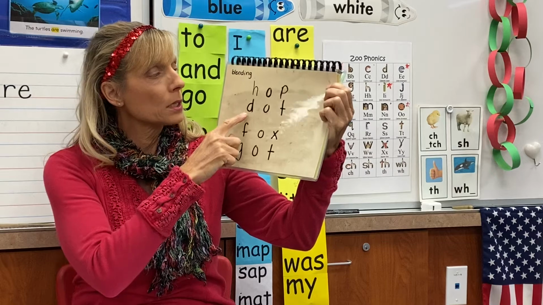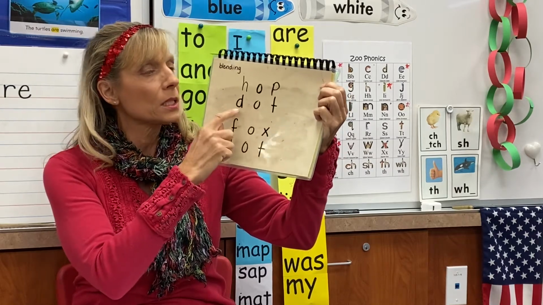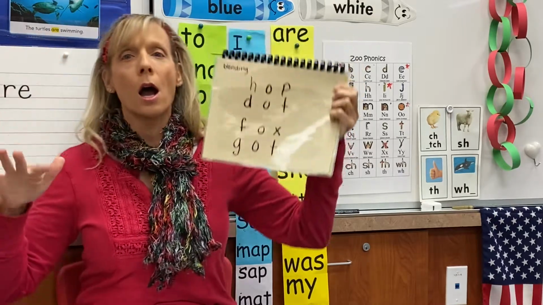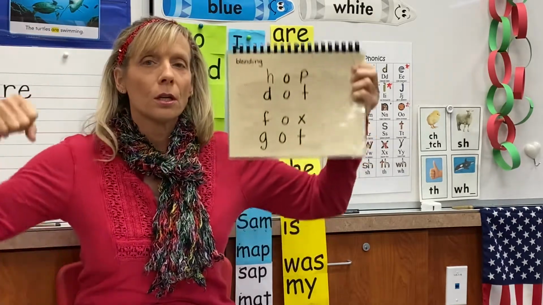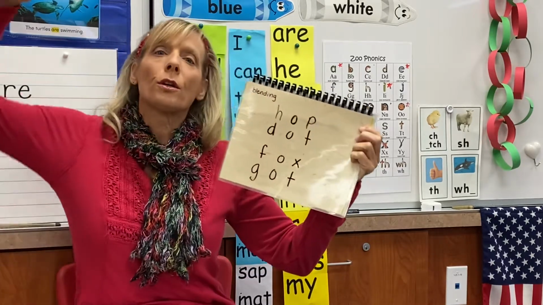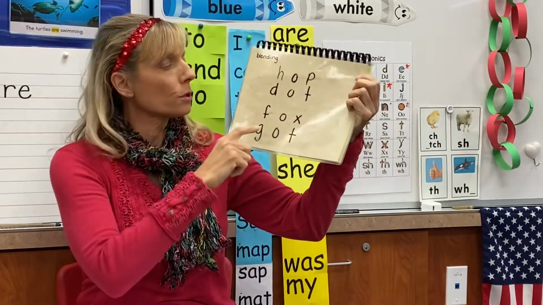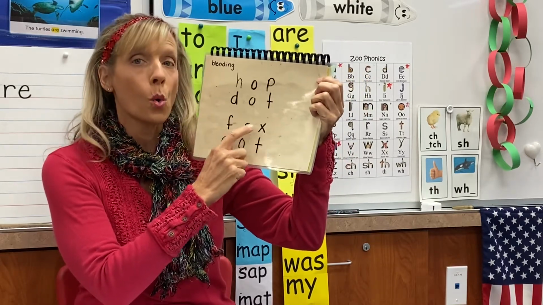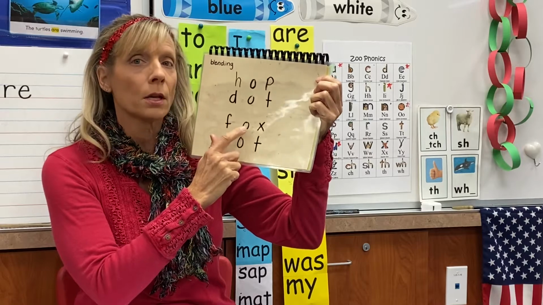The word is dot. Signal. D, ot. Dot. Now, I didn't make the mark today, but make sure your voice goes like a roller coaster on that middle vowel sound. F-O-X. Ready? Middle vowel sound is ah.